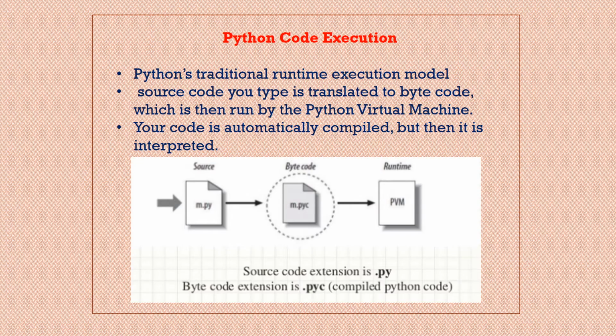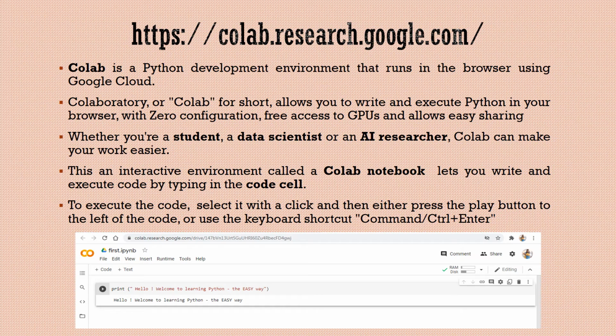So let's get going. As people new to Python, you may wonder how to execute your Python code. If you don't have a machine which can be used to install Anaconda Python or any other Python, Google provides you the easiest environment for typing and executing your Python code.